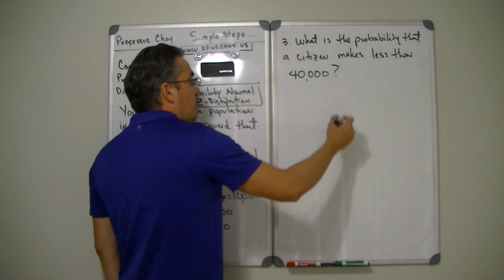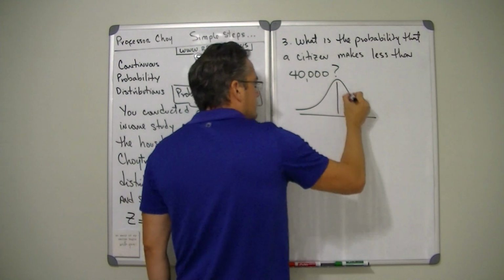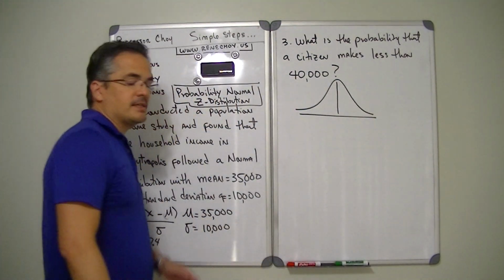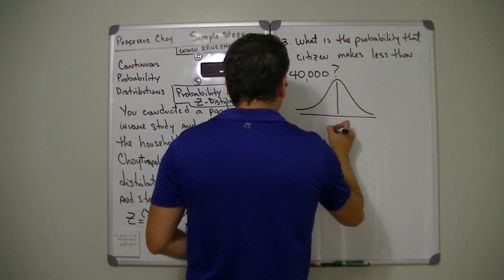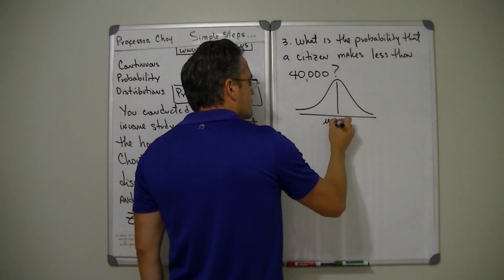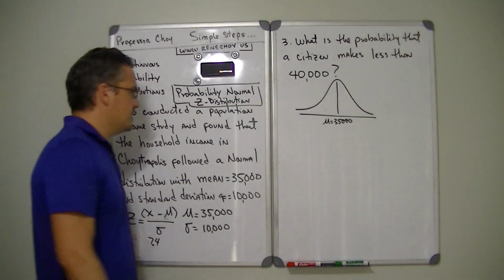All right, always start with the curve, just works better. So here we go. I know that the center of my curve, my mean, my median, and my mode is at 35. And I know that the standard deviation is 10,000.